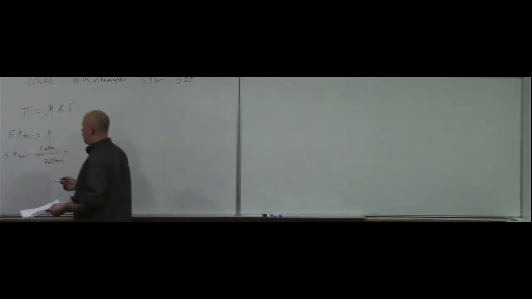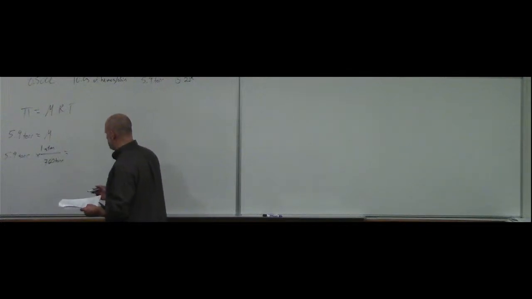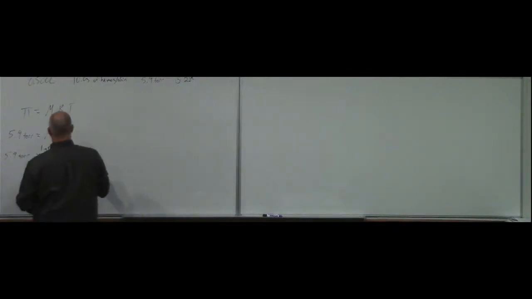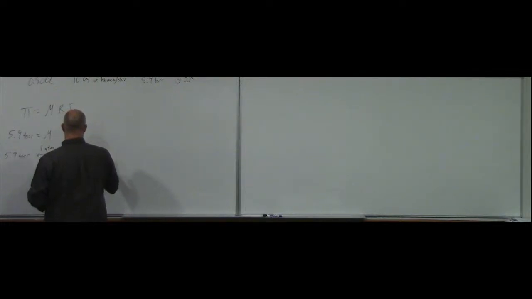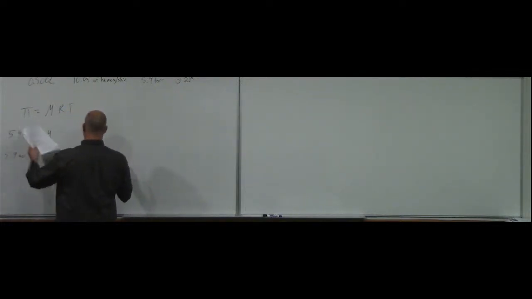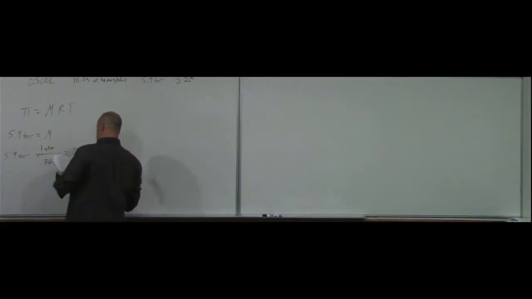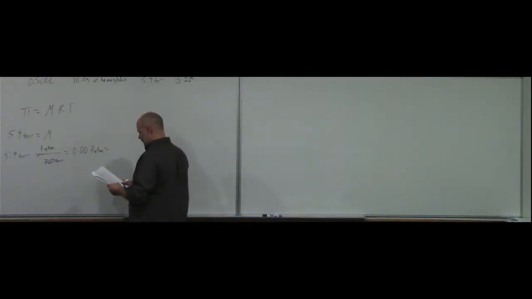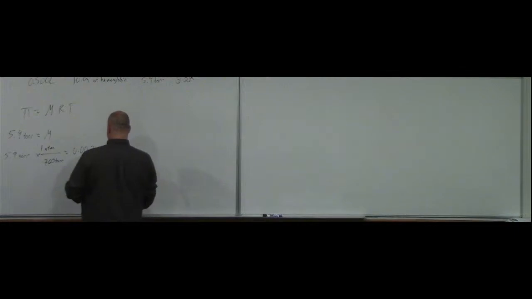So 5.9 divided by 760 gives me 0.007 atmospheres. Okay, so that's my pi. And now I can set everything else equal to that.